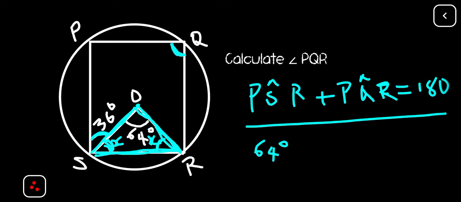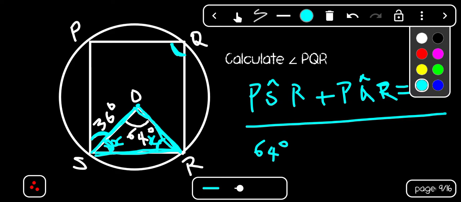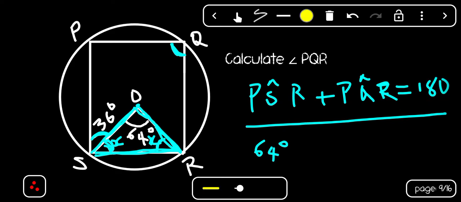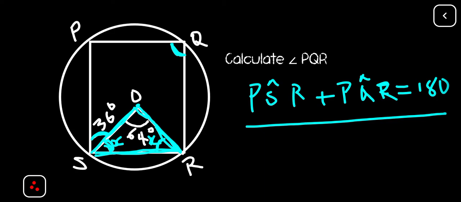Now let's sidetrack this and let's use another color so it doesn't look like we're doing what is up there. So I'll just clean this and we're going to say, for this part here, to be able to find the value of x, so that we'll be able to find the value of PSR, we'll say 64 degrees plus x plus x, which is 2x, is equal to 180 degrees.